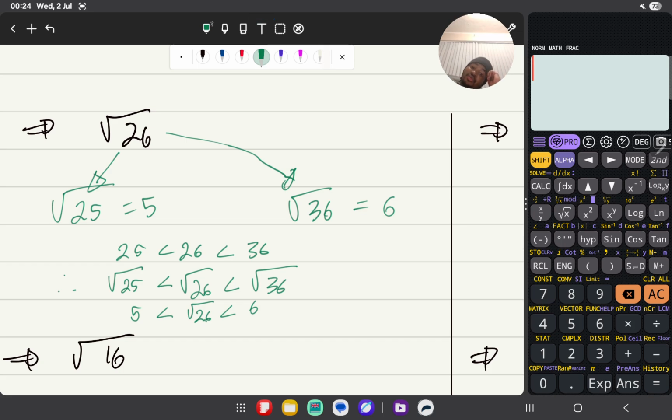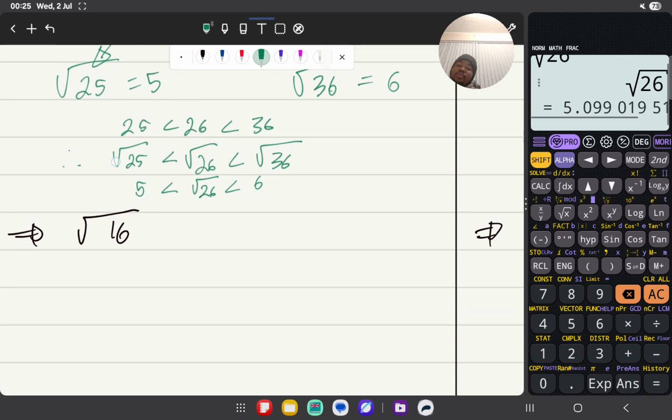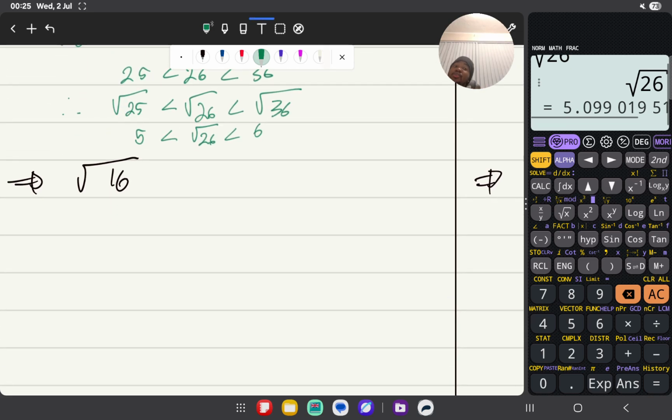So you now know the square root of 26 has to be between 5 and 6, so it's going to be 5 point something. Let's check it: 5.0990. It is between, do you understand? Cool stuff.